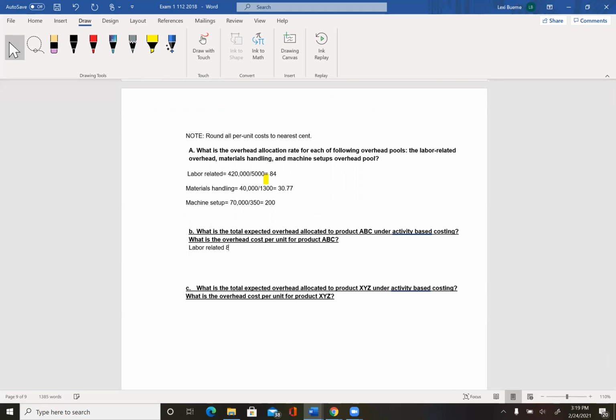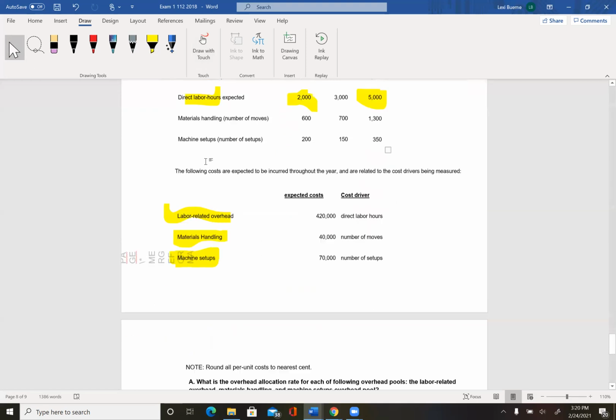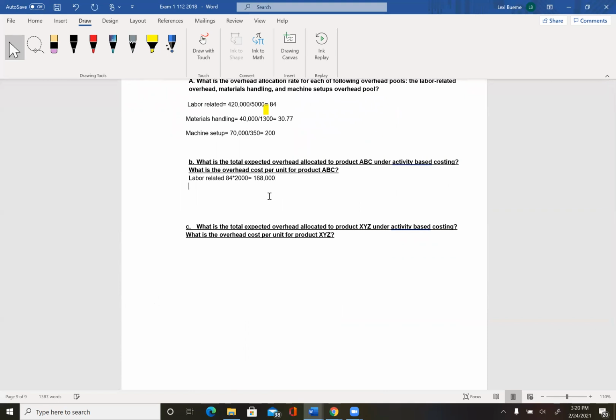So you're going to take the 84, what you found from A, and multiply it by 2,000. And that 2,000 comes from right here. So like I said, we're looking at ABC and we're looking at labor. So we're taking this labor and we're taking this 2,000 right here. So 84 times 2,000 gives you 168,000.